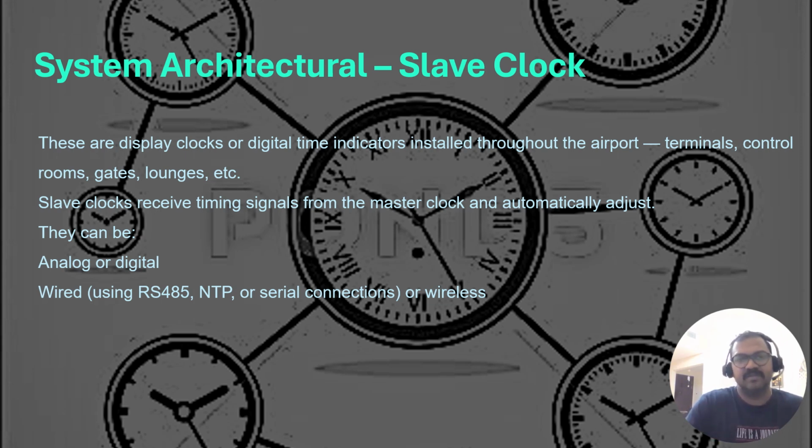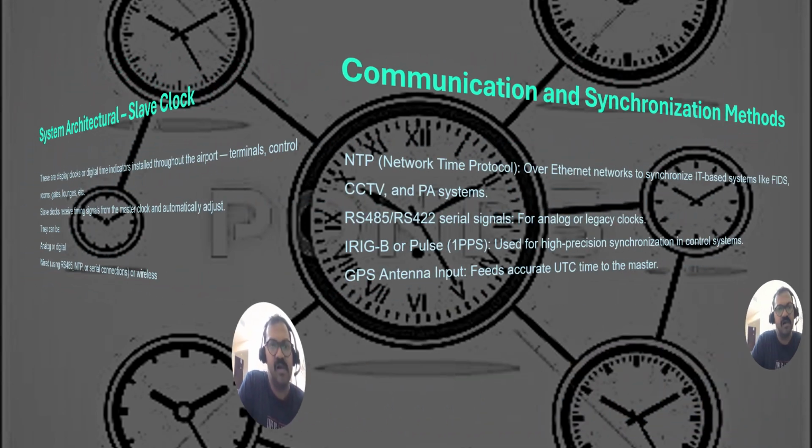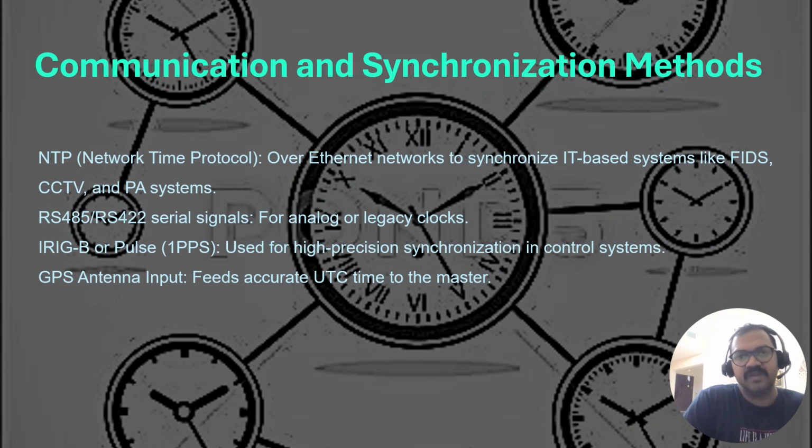Now communication and synchronization methods. NTP runs over the Ethernet network and serves IT-based systems like FIDS, CCTV, and the PA system. And the GPS antenna input feeds accurate UTC time to the master clock.